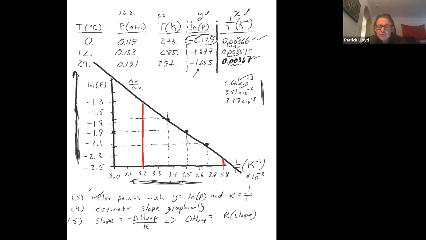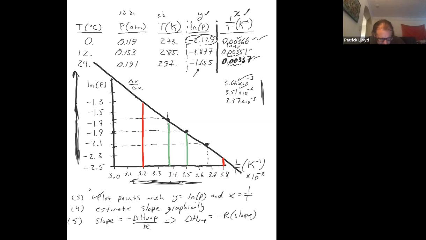And I'm going to use those 2 points to estimate the slope. So we wouldn't want to do it this way. We wouldn't want to pick this one and this one. You could estimate the slope that way, but it's not a very good way to do it.